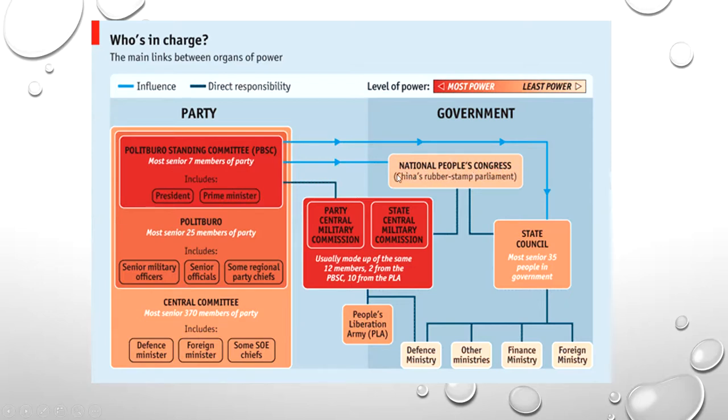Among the National People's Congress, we have the State Council. This is quite similar to the executive committee in your schools or in the Philippines, including the president and the vice president, but in this case the vice president is not included. The members of the Politburo Standing Committee of the party are also the State Council.